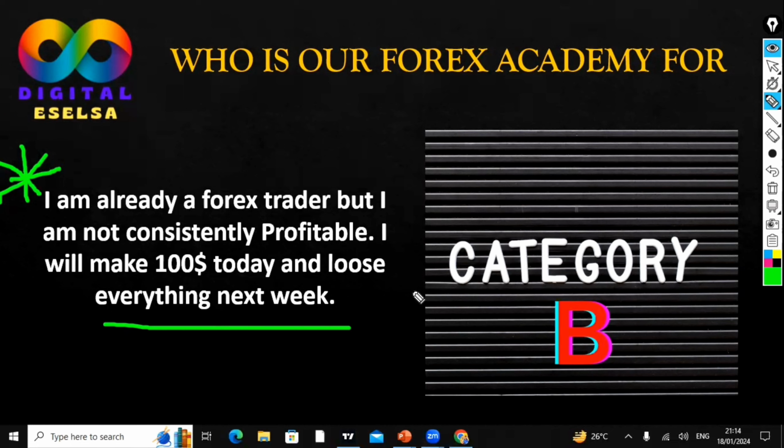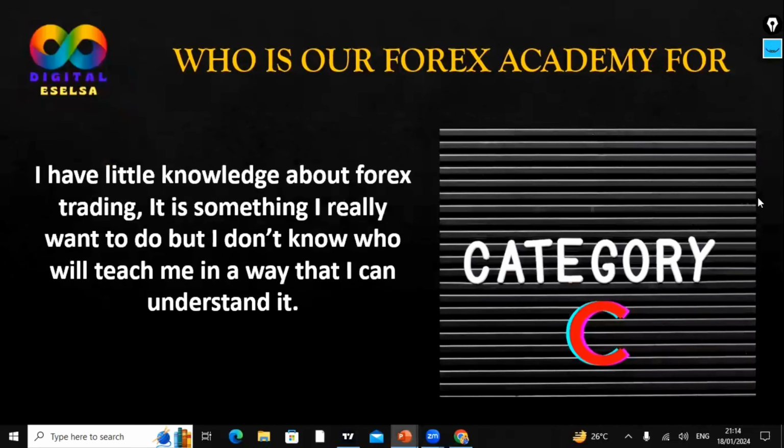Category B are people that have been trading Forex for some time. Somebody will make $100 today and lose everything next week, make $200 tomorrow, lose it again the next day. There is no consistency. Why? Because of lack of risk management. So we welcome such people into our Forex Academy and tutor them on the principles of managing risk to be profitable as a Forex trader.